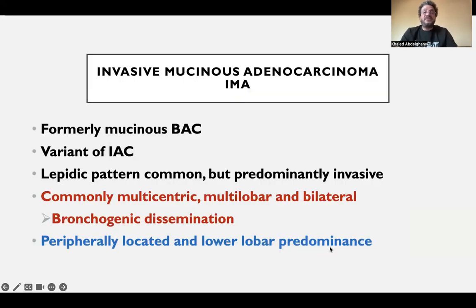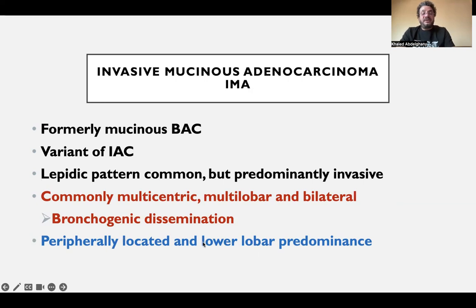So invasive mucinous adenocarcinoma, which was formerly called bronchoalveolar carcinoma, is a variant of invasive adenocarcinoma. It's predominantly invasive, although it shows a lepidic pattern of growth. It's commonly multicentric, multilobar, and bilateral, as in this case. This reflects the bronchogenic dissemination, which is the endobronchial spread.